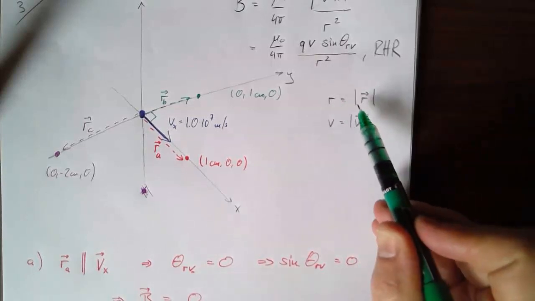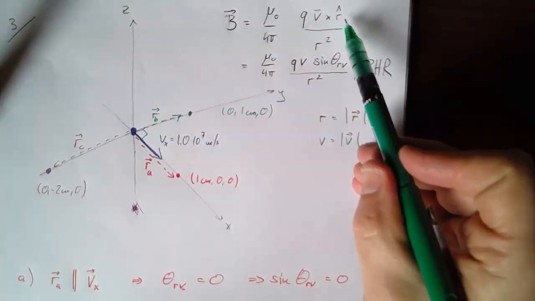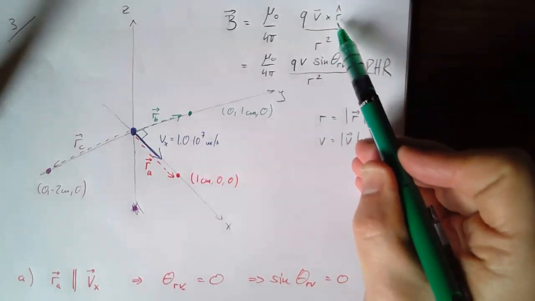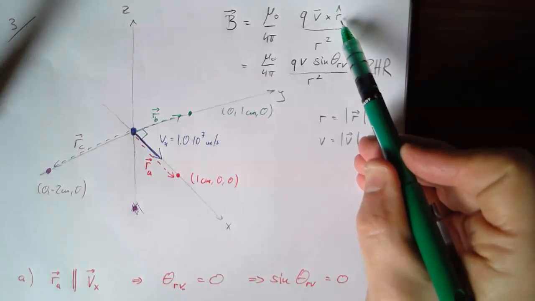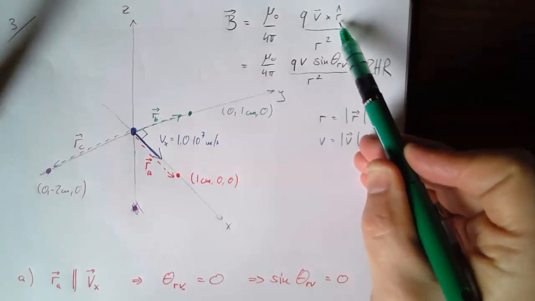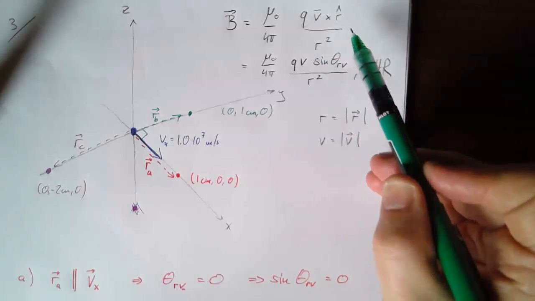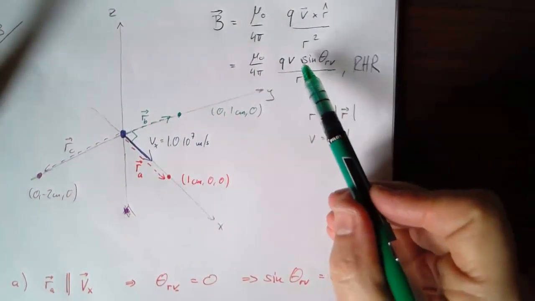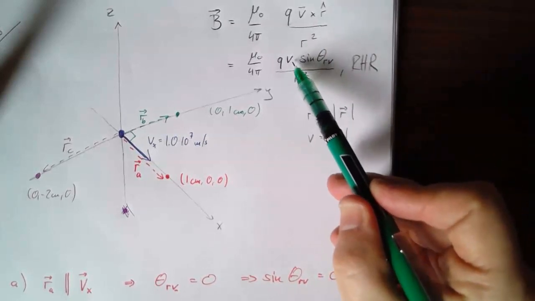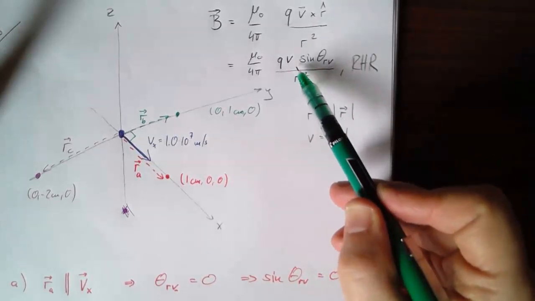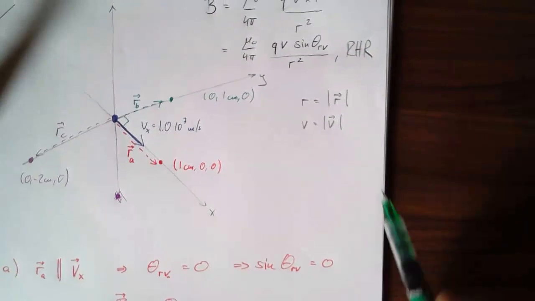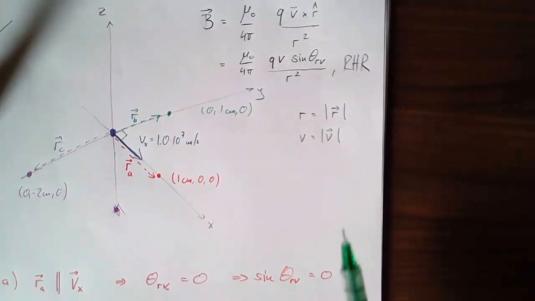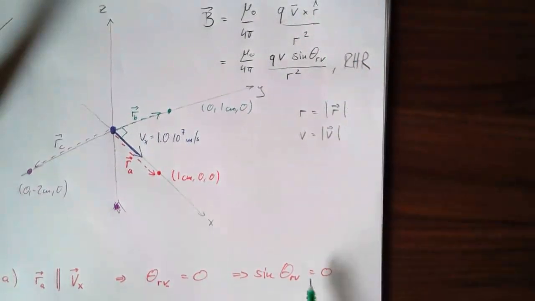Notice that in this expression, by the way, this is R hat, which means I'm not taking the vector R itself, but I'm just taking its direction and imagining it has a length 1. Which is why the R that's up here doesn't come in up here, because we're multiplying it by 1. That's why the R seems to have disappeared, because it's R hat, which is a unit vector.